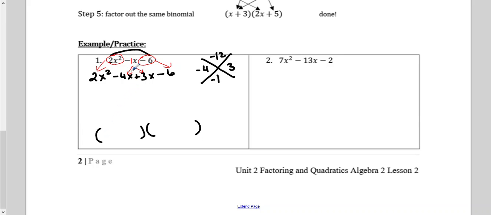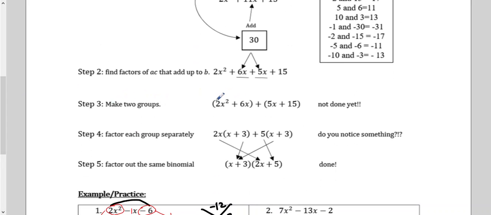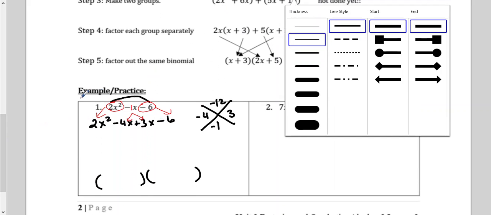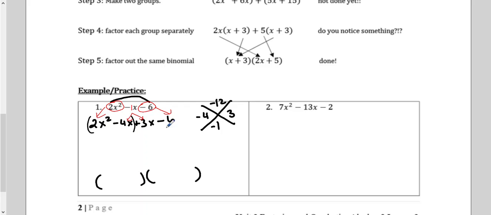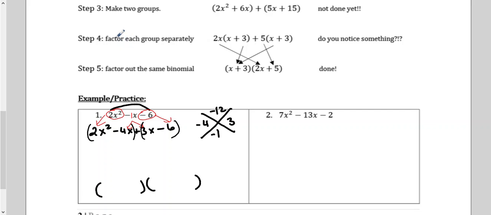I just wrote the middle term to look like this. What I'm going to do next is make 2 groups. What that means is just put parentheses between the 2 here. So I'm going to group the first 2 together, and I'm going to group the last 2 together. That's it. Next, step 4, factor each group separately. So now I'm going to take out the common factor between these 2.